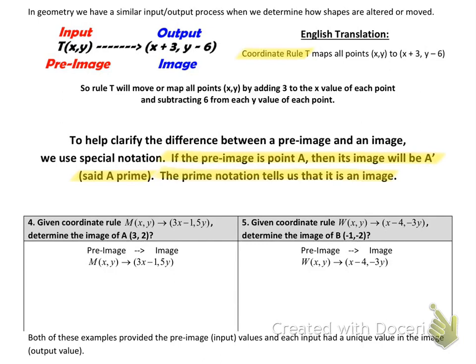So this is what I'm going to do. M of, instead of x, y, I'm going to do M of 3, comma 2. And the way I want to approach this is this x value right here is going to be my input wherever there's an x. And the y value right here is going to be my input wherever there's a y.